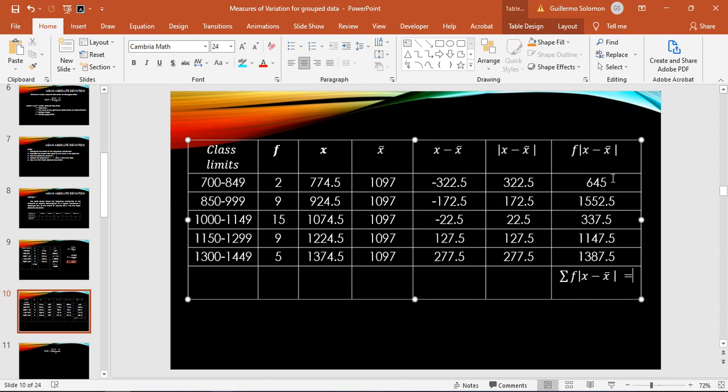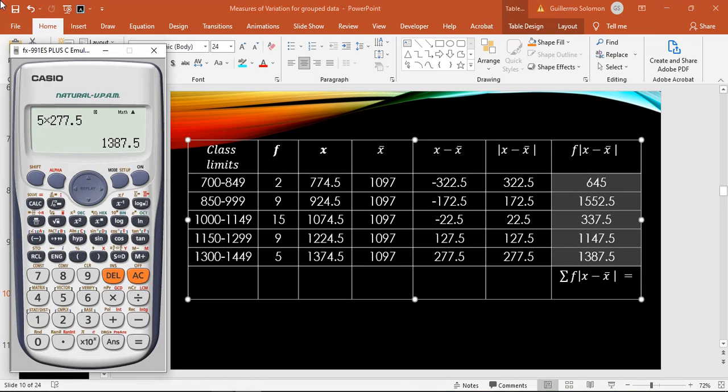Yung nakuha natin value dito, i-add lang natin siya. Okay, so 645 plus 1,552.5 plus 337.5 plus 1,147.5 plus 1,387.5. So the final or the summation here is 5,070.